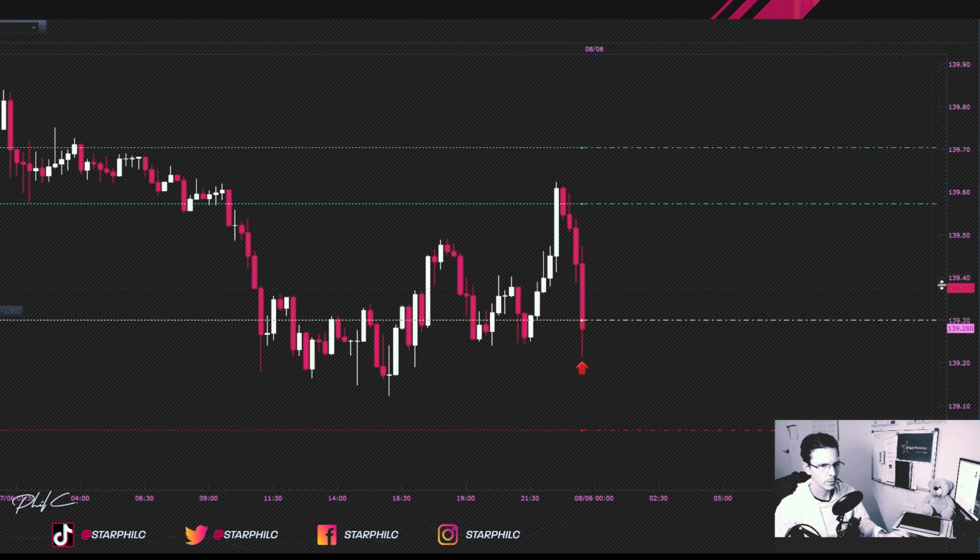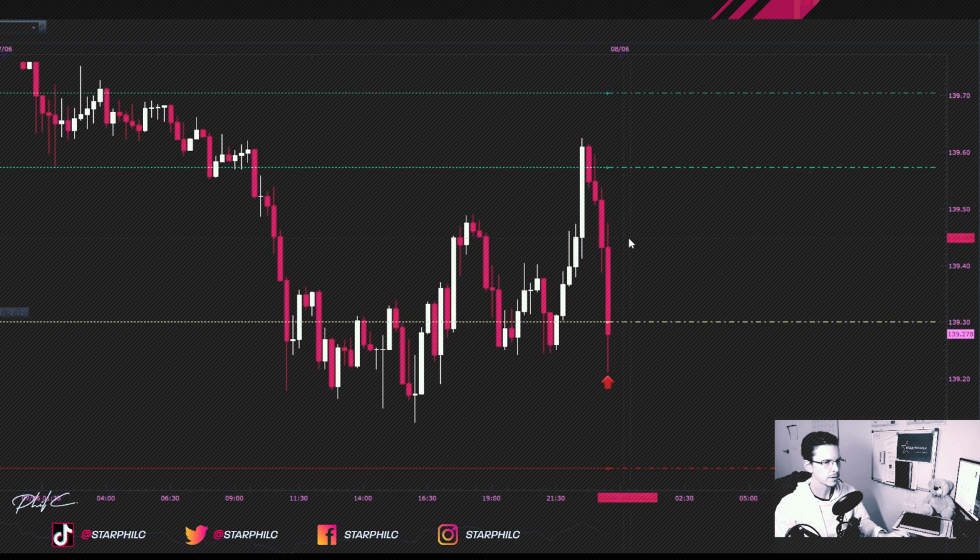All right, so what are we looking at? Dollar yen, 15-minute time frame. I'm looking at these lows right here. Well, it's actually right up here. This is where I'm looking for a potential buy opportunity.